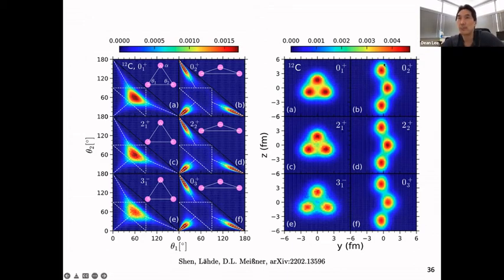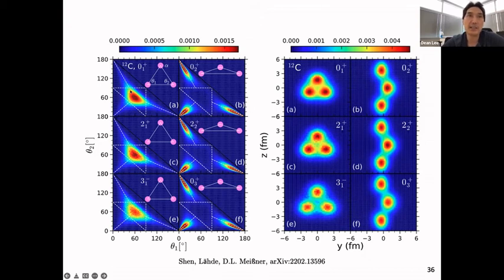That enhances the triple alpha reaction because the Hoyle state sits close to the triple alpha threshold. And the Hoyle state has this rather interesting structure where it has this kind of bent arm configuration with an angle of about 140-ish degrees, something like that.